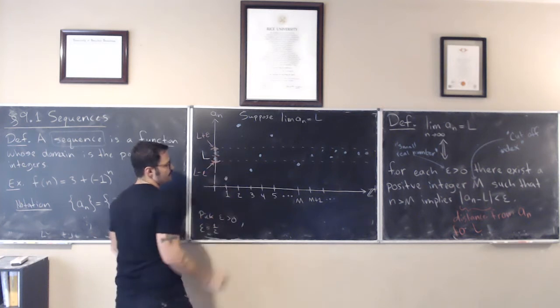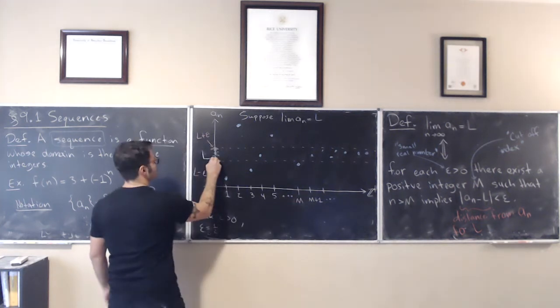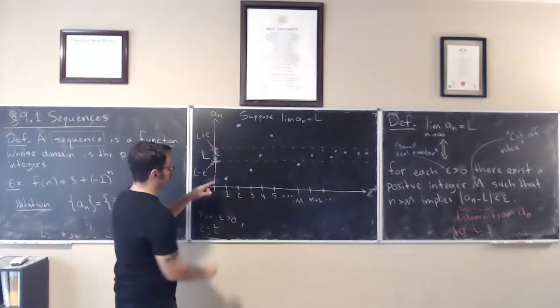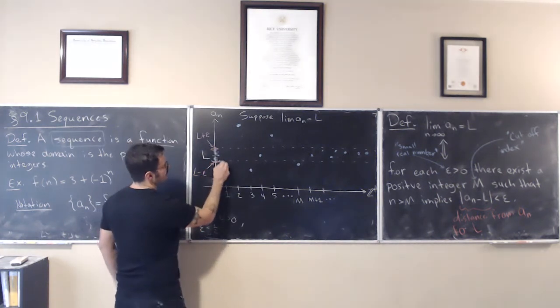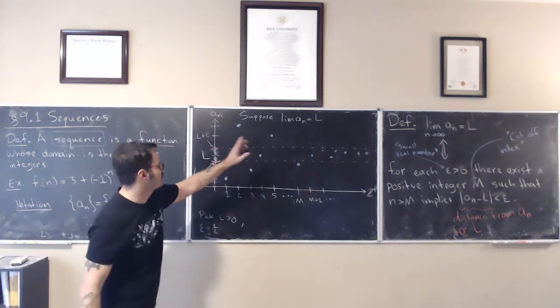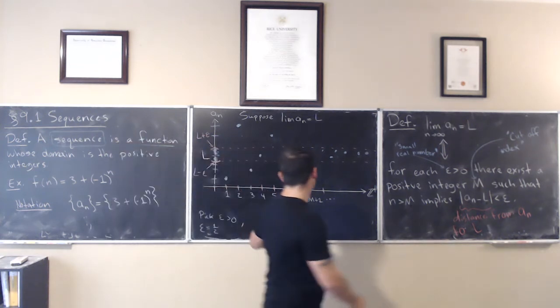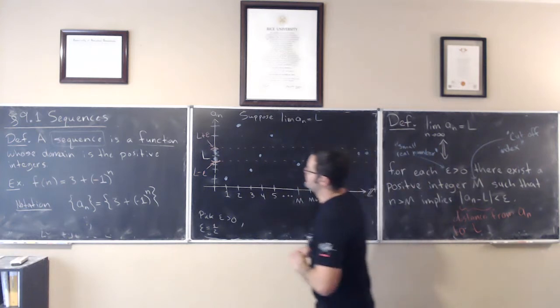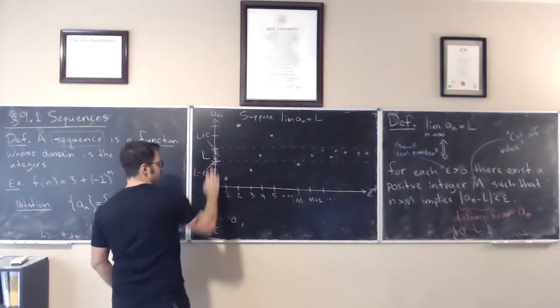All of the sequence values after M are inside of here. Yes, there are sequence values that are outside of it, but everything after M, the y values are going to be inside of there.